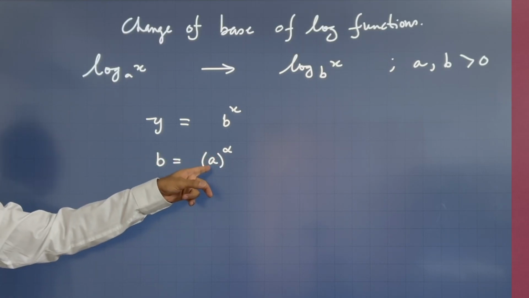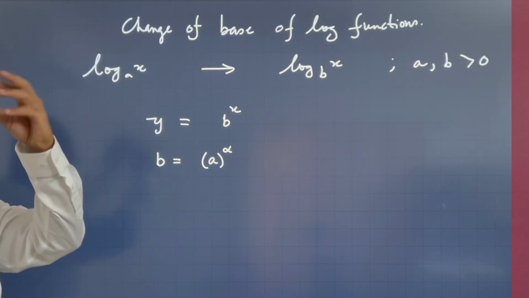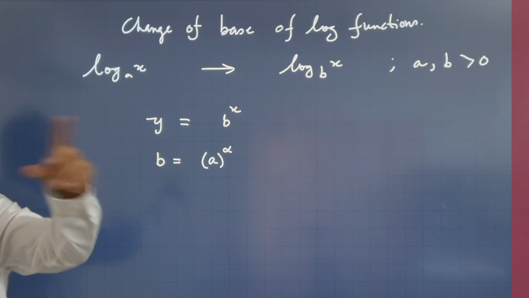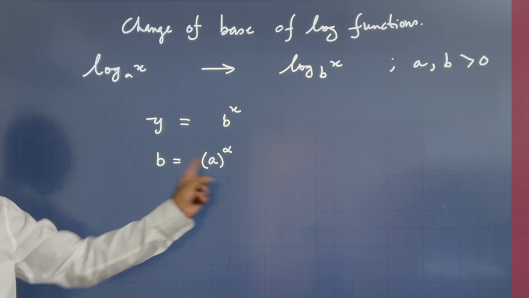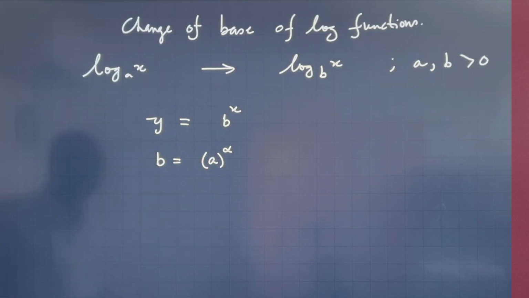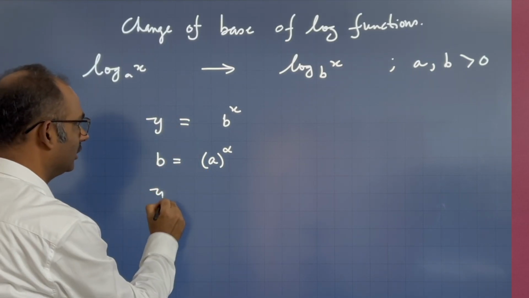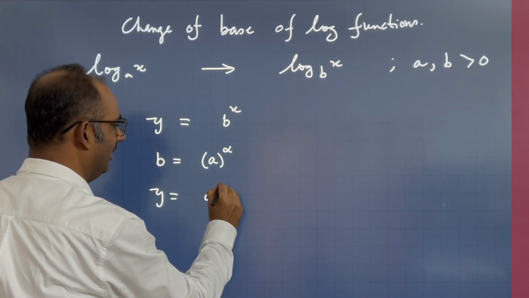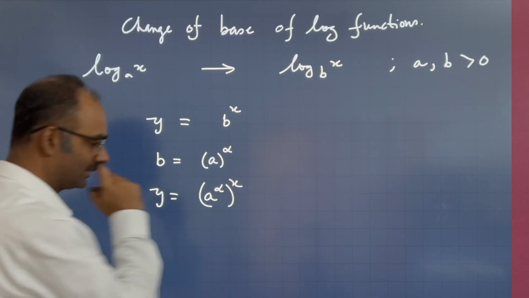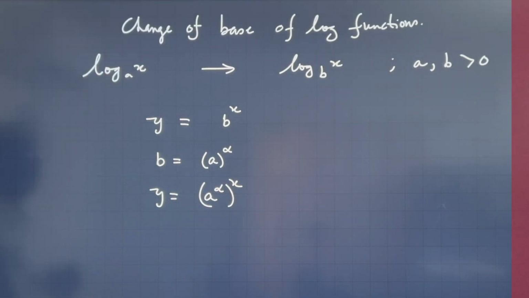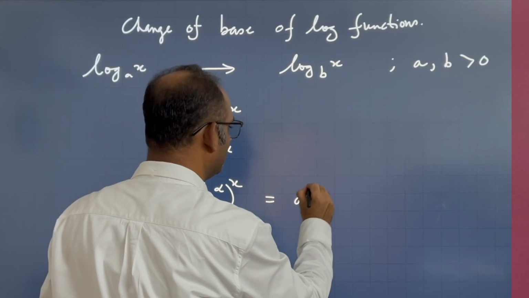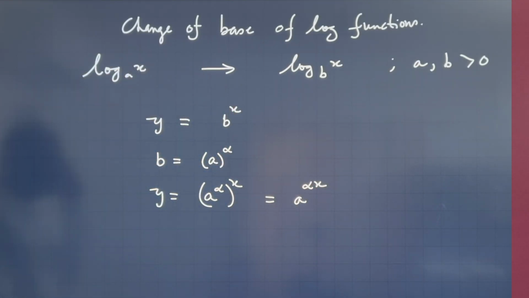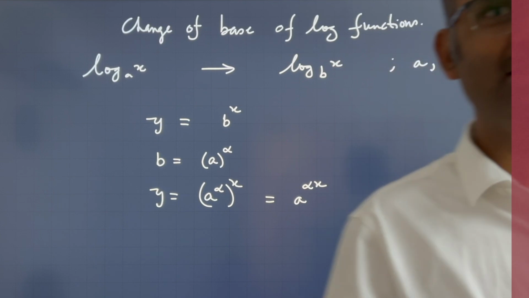But even if b was 2.7, 2.7 raised to some number would give you that, so you can always find such a relation. So with this I can write y is equal to a to the power alpha, to the power x, which is a to the alpha x. Correct? Are you already getting an idea what needs to be done next?